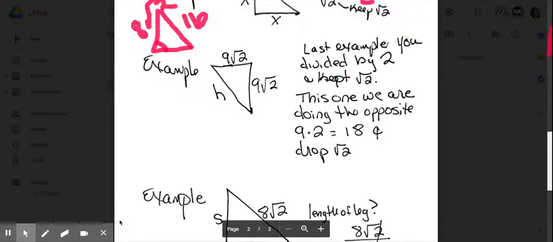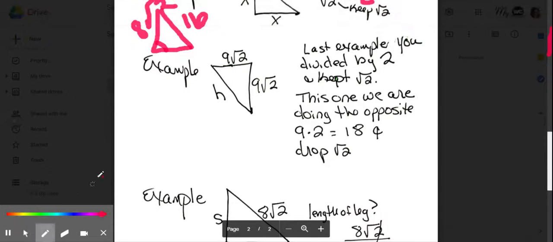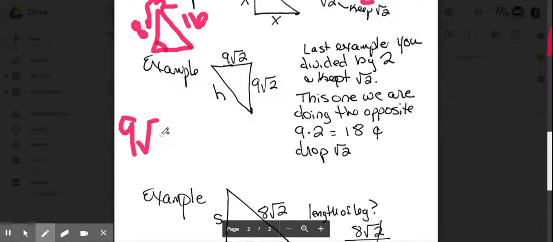So in this case, we're going to take 9 square root of 2 and multiply it by the square root of 2. And if you think about it, that's really the same thing as the square root of 2 squared, right?